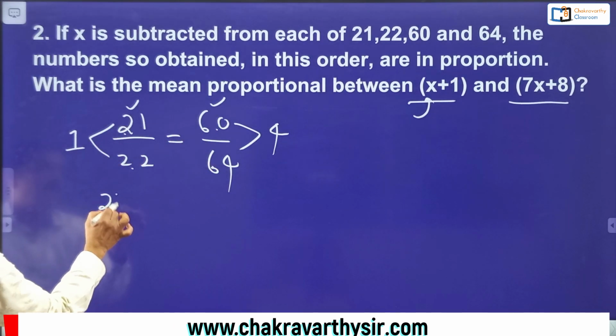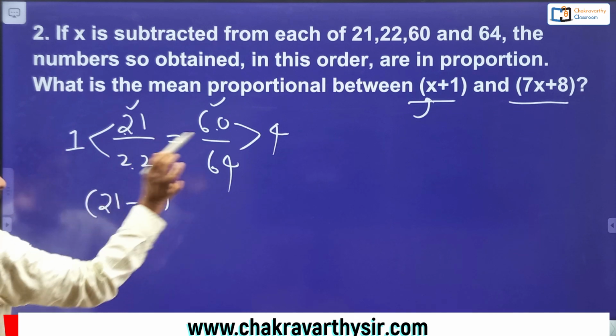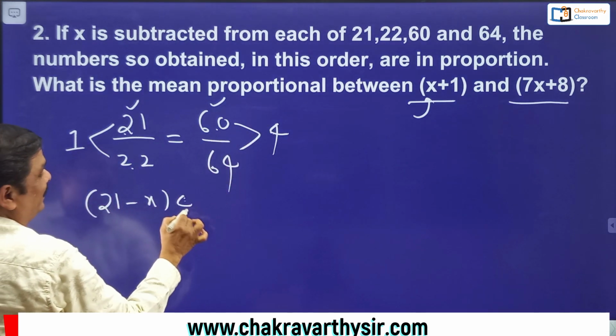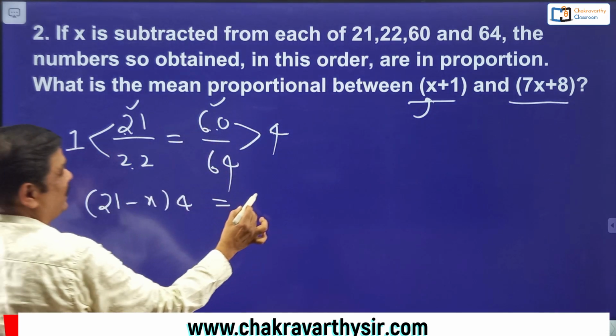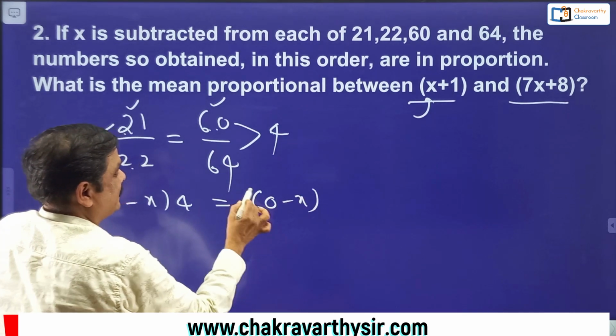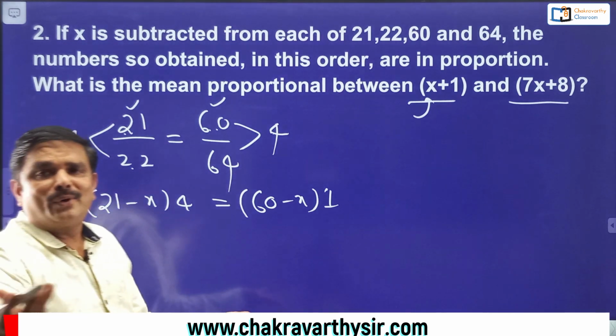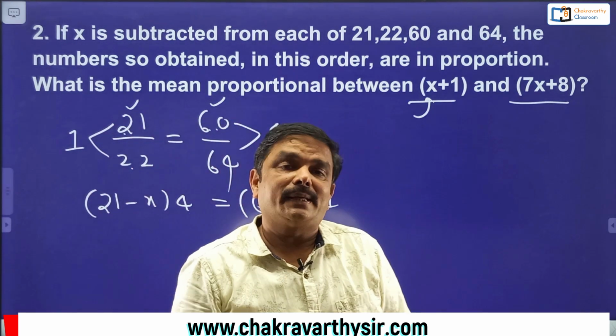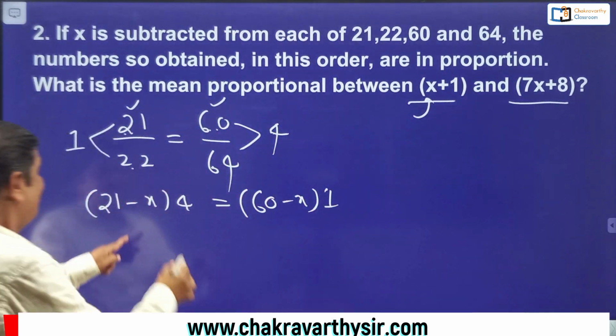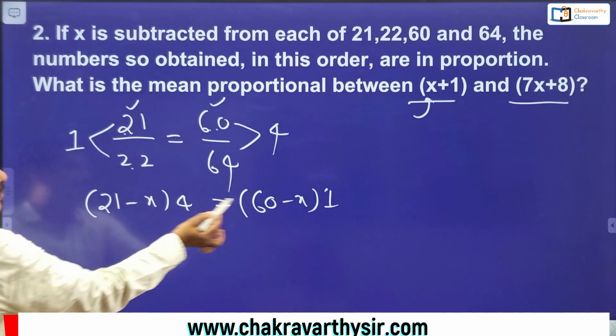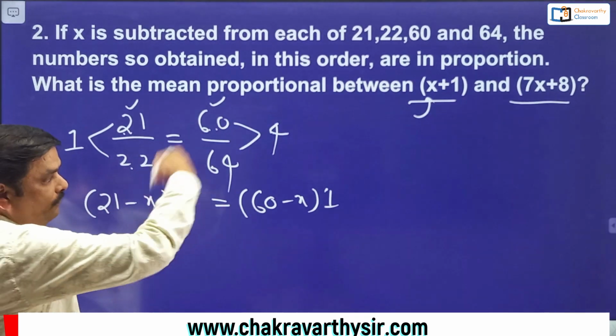That is 21 minus x into 4 is equal to 60 minus x into 1. Now try to find out the value of x. It's a simple one. This is 4x minus x, that 4 goes here.